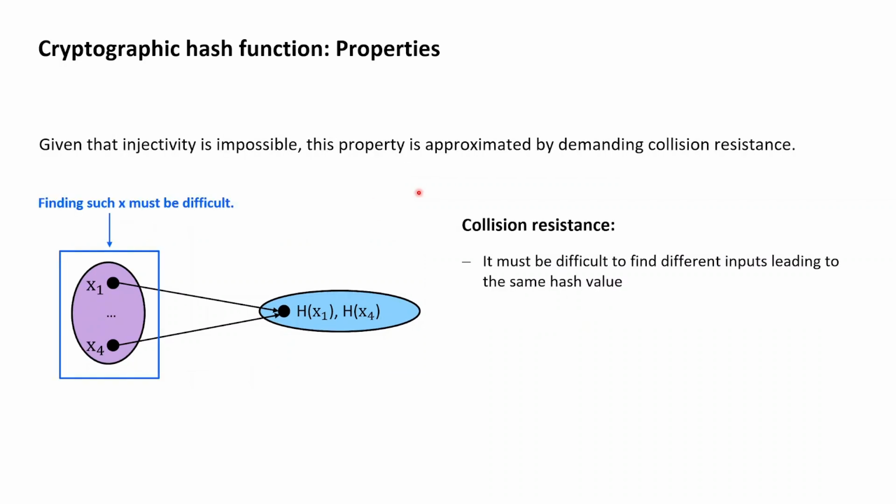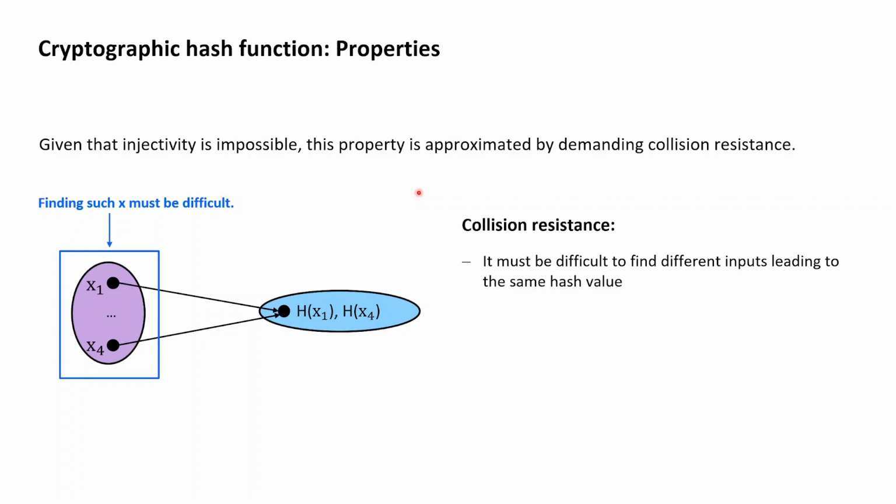Injectivity, we now know, is an impossible property of hash functions, but exactly the property we will need hash functions to have in order to serve cryptographic integrity-related purposes. Given the impossibility of injectivity, this property is approximated by demanding the property of collision resistance.